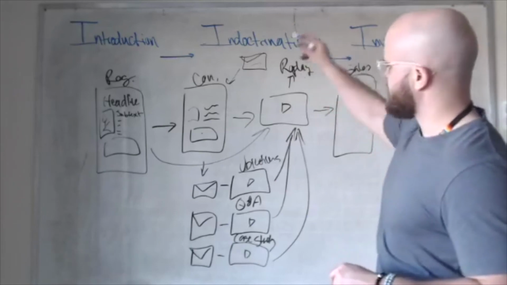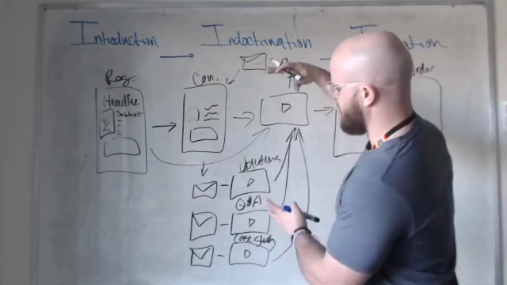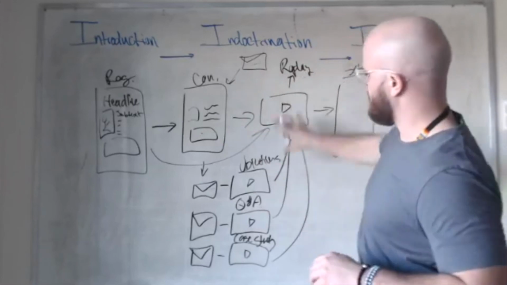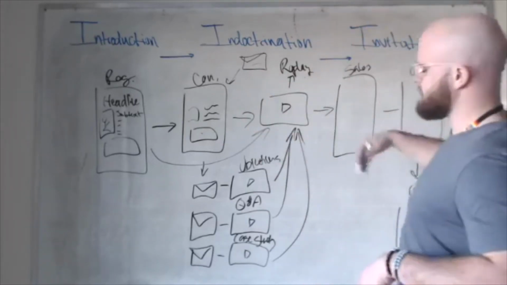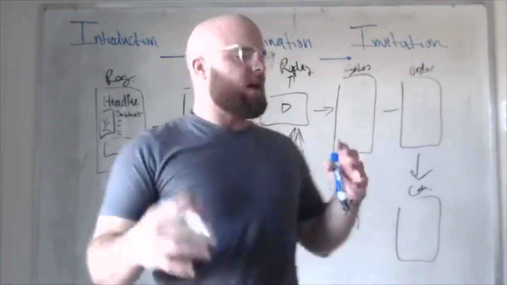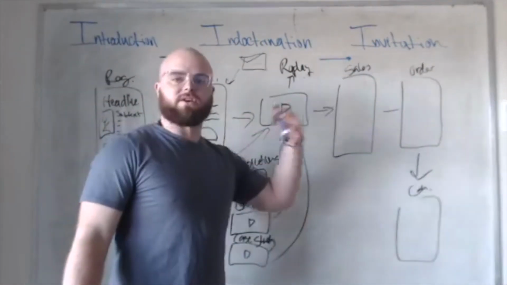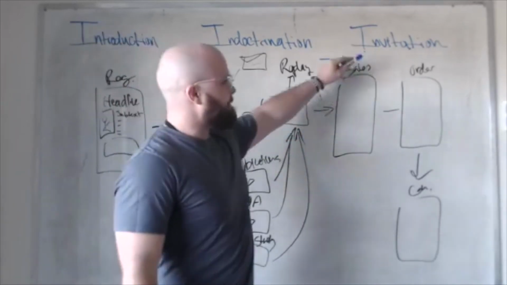And so we just want to indoctrinate them with what it is that we're trying to pitch on the webinar. And then the invitation is our call to actions, our stack, and then re-pitching, asking for the offer.